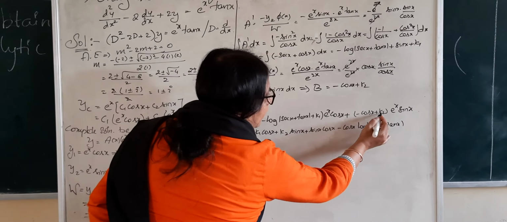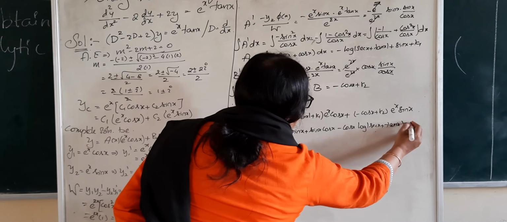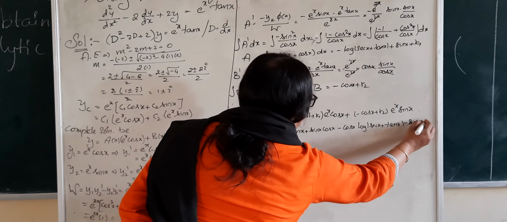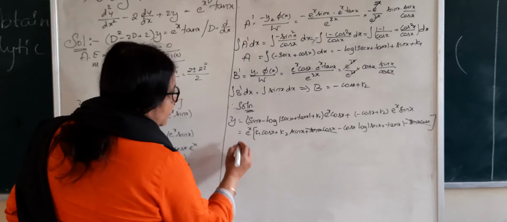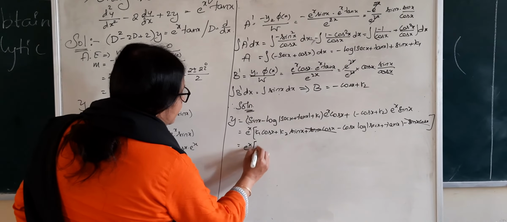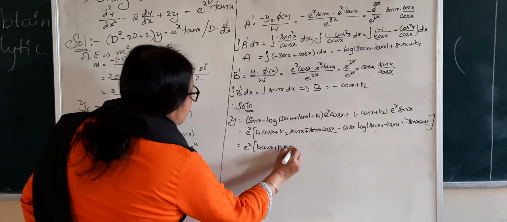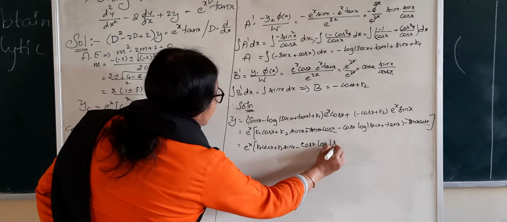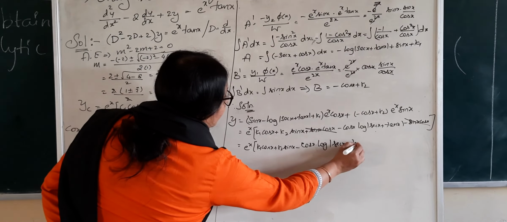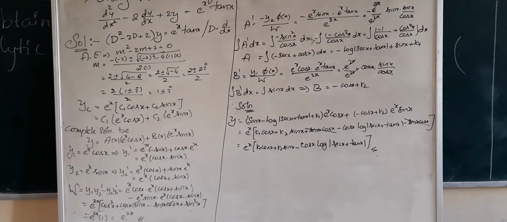Next, coming to this term, we have k2 sin x already written here, and we have minus sin x cos x. So plus sin x cos x minus sin x cos x gets cut. You will be left, therefore, with e power x into k1 cos x plus k2 sin x minus cos x into log of secant x plus tan x. This is the required final solution for the given differential equation. Understood, guys?